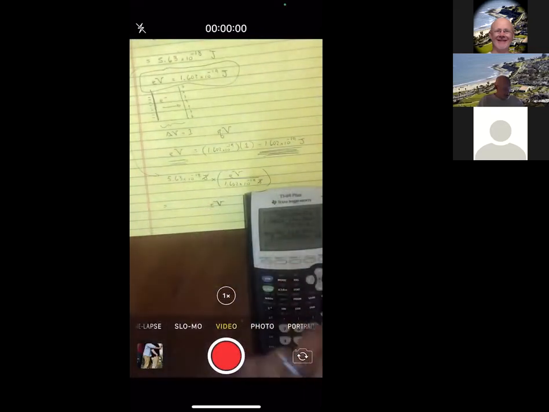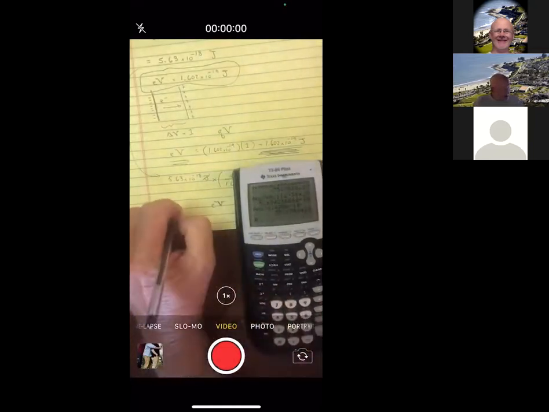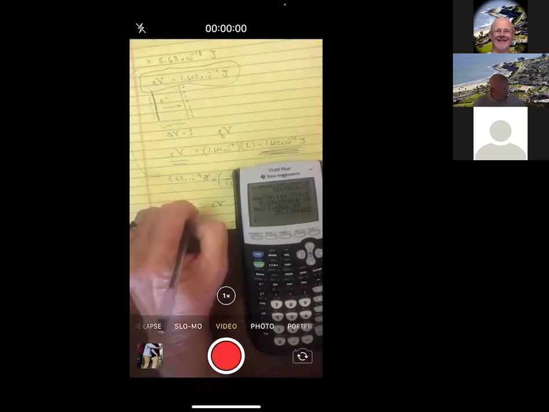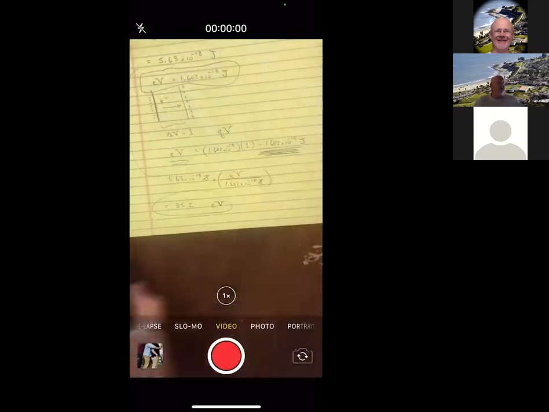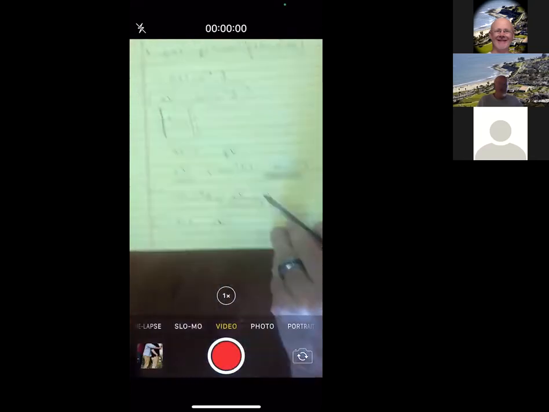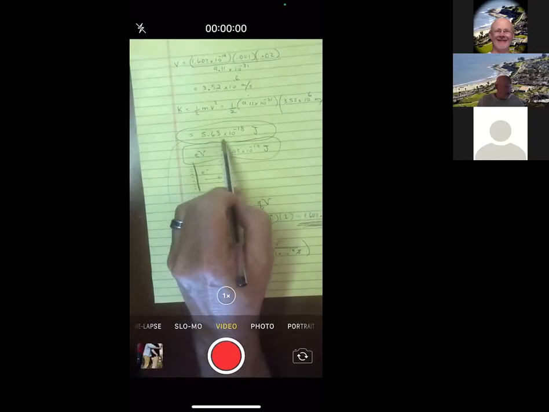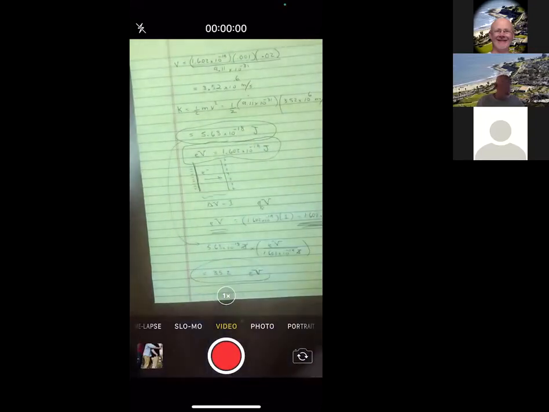So I'm going to take that and then divide it by 1.602 times 10 to the negative 19 and get 35.2 electron volts. And so dealing with the kinetic energy, probably best to label it as 35.2 electron volts, but certainly nothing is wrong with labeling it as 5.63 times 10 to the minus 18 joules either. That would be fine.